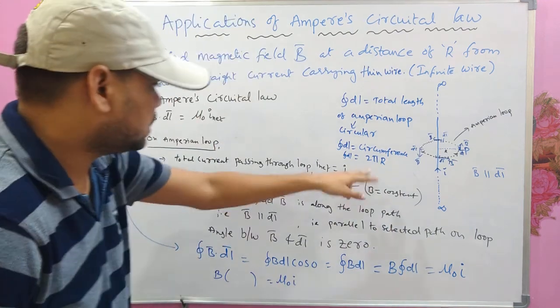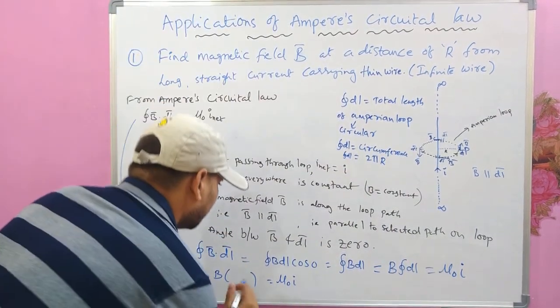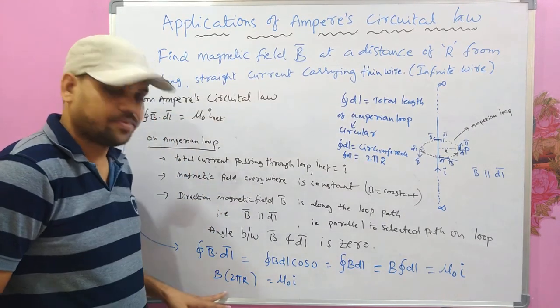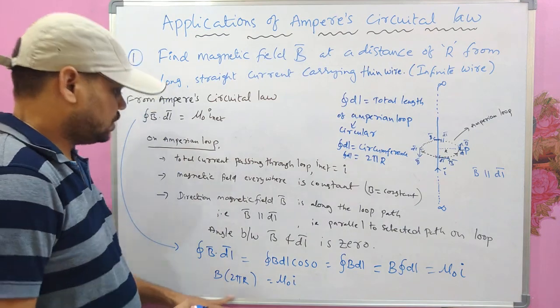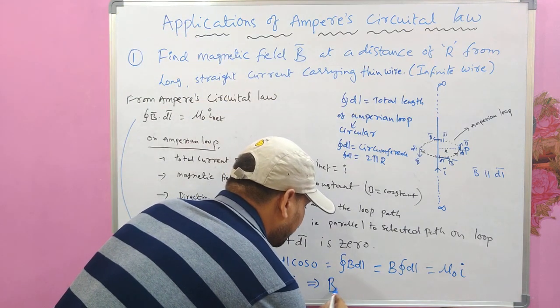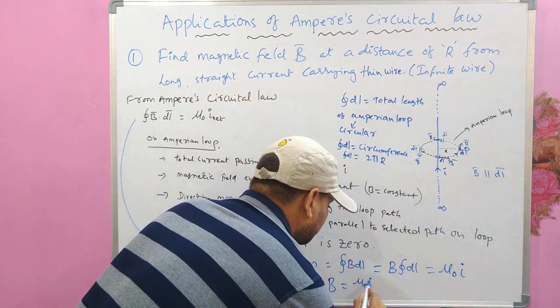Okay, so using this I can write here 2 pi r, which means what do we get for B? B at point P will be mu naught I by 2 pi r.